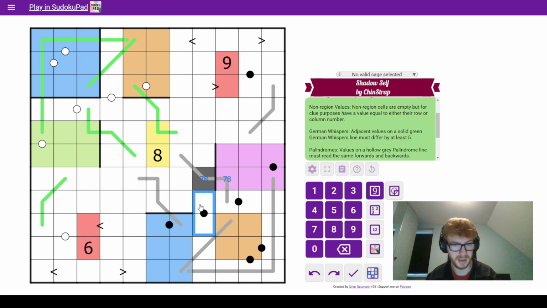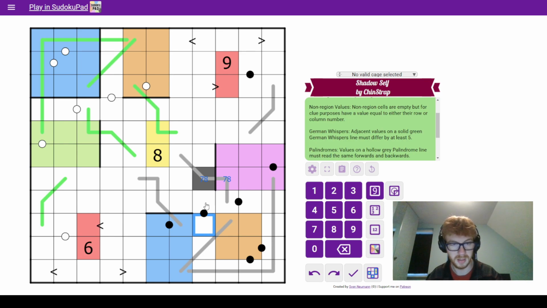Either of these could be 8, and then let's see, 11, 10, 9, 8. So if this is out, it's always an 8. And if this is in, it's an 8 or a 9. If this is also out.